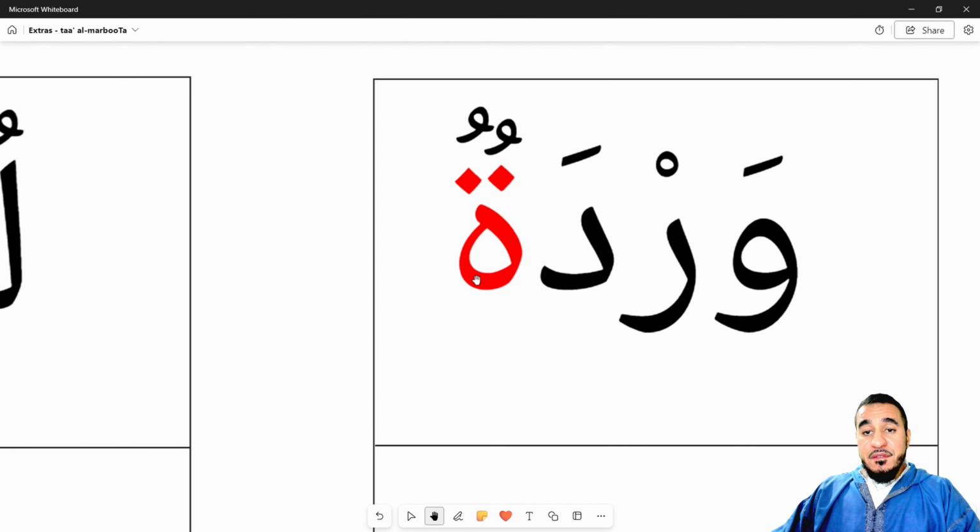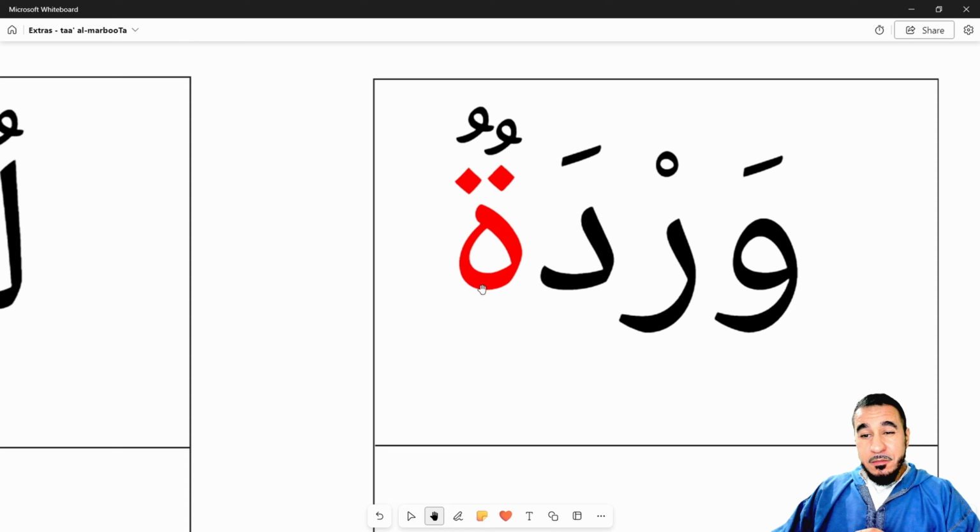And in fact, if it came after the ra, it would also look like this, because the ra also doesn't accept the next letter to attach to it, just like the dal. And also the waw doesn't allow the next letter to be physically attached to it. So if we had the ta al-marbuta after a waw, it would appear like this, like a singular ha.